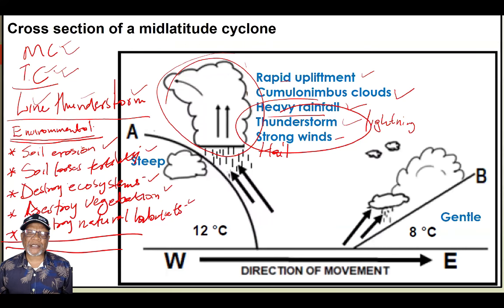But if the question just says impacts, it can be positive or negative. If the question is saying negative, it can only be negative. So you cannot say tropical cyclones are going to bring water for irrigation. You cannot say mid-latitude cyclones will make sure the dams are full. You cannot say line thunderstorm makes sure that the water is full, or that there is nitrogen fixation. Those are positive impacts. Be careful what the question wants and only respond to what is being assessed.